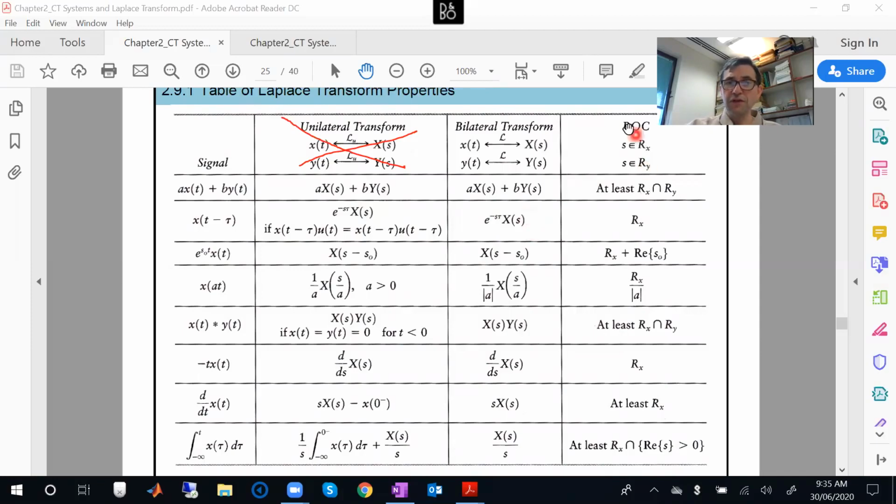The other column we ignore is the region of convergence. It is important, but by this stage, we've probably accepted that the region of convergence will always be for right-sided causal signals. So the uniqueness aspect of it is not an issue because, as we discussed, region of convergence is important to determine the unique mapping from the Laplace back to the time domain.